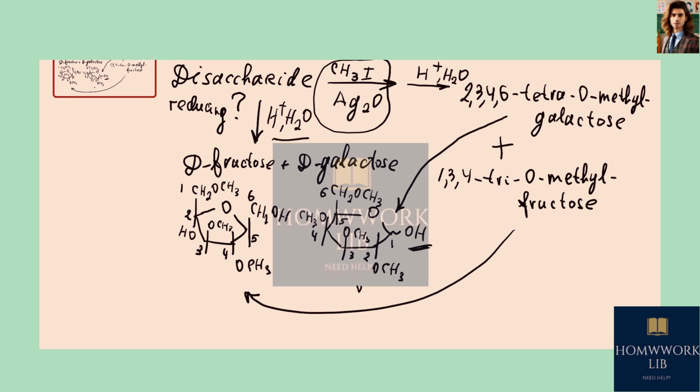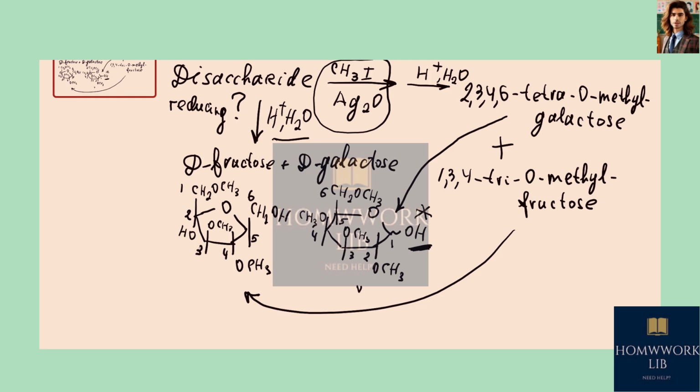It can hydrolyze only if it's glycosidic. Those conditions are too mild to hydrolyze ethers. So that's the only OH group exposed. So this group was engaged in binding with the molecule of fructose.